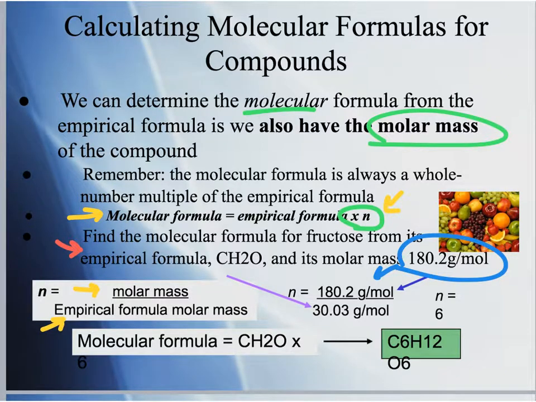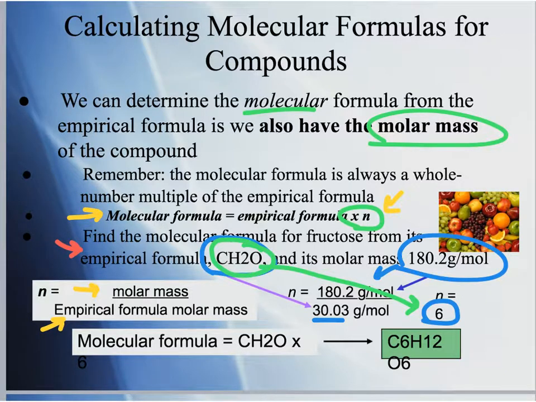And then when we add up CH2O altogether on the periodic table, that ends up being 30.03 grams per mole. So 180.2 divided by 30.03 gives us a factor of 6. So that means we're going to multiply each of those little subscripts in CH2O by 6 in order to get the molecular formula.